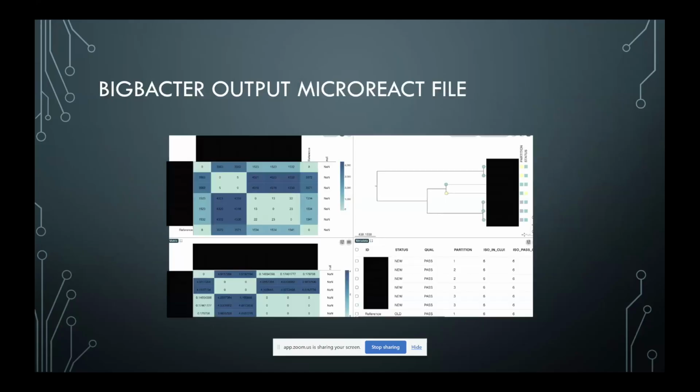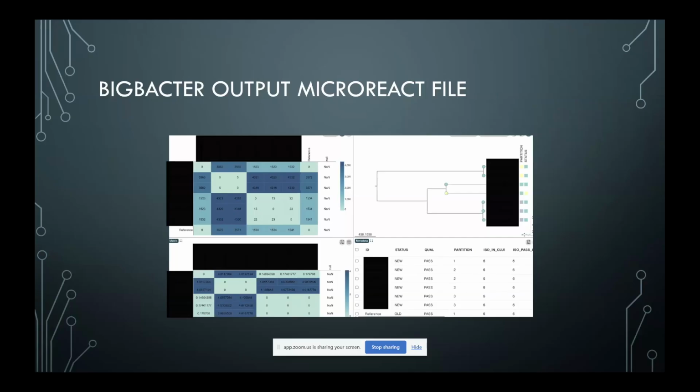This is kind of what the BigBacter output MicroReact file looks like. Should have made it a little bigger, I'm sorry. But if you can kind of see the top left, I've redacted some of this information because there are real samples. But the top left gives you the core genome SNP tree. The bottom left gives you the accessory genome kind of a SNP matrix.